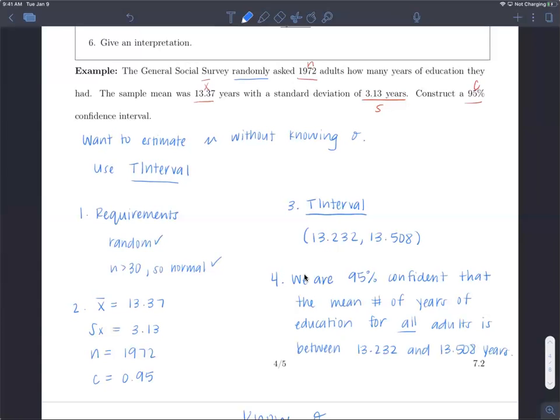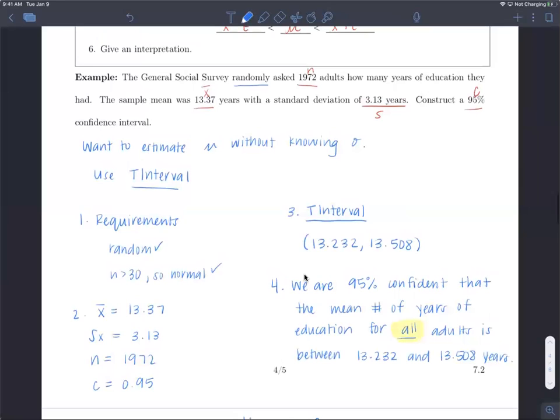Be very careful here, because remember what you're doing is estimating this for the population, which means somewhere you need to specify that it's everybody. So yeah, that's how you solve this problem. This was done with calculator.